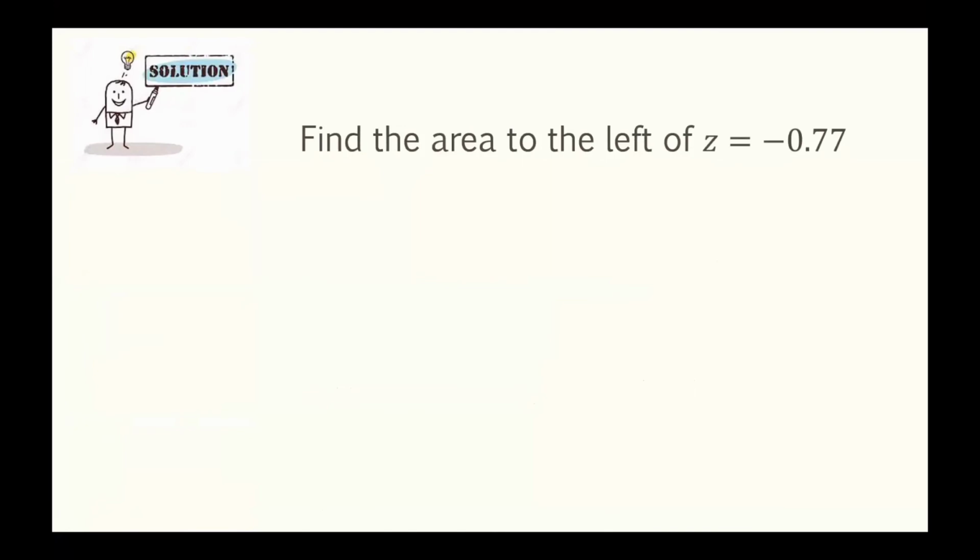For the solutions in number 1, find the area to the left of z equals negative 0.77. When we say to the left of z equals negative 0.77, meaning we have z is less than negative 0.77.